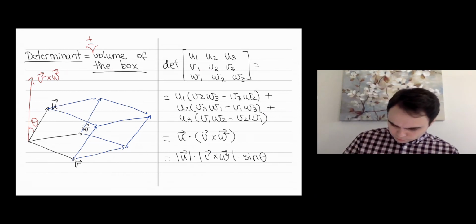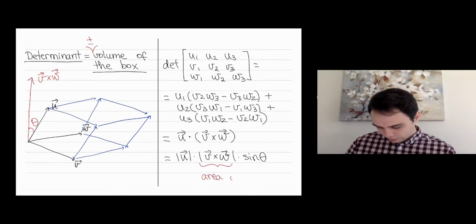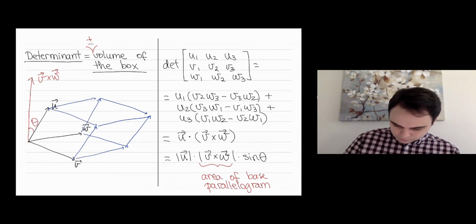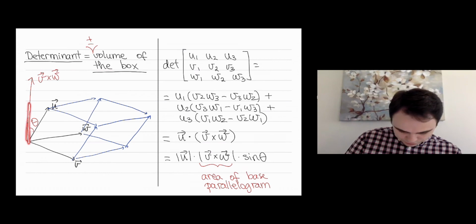Now, let's observe that the length of v cross w is the area of the base parallelogram. And u times sine theta is this height over here. If I multiply this length by sine theta, I get this height.